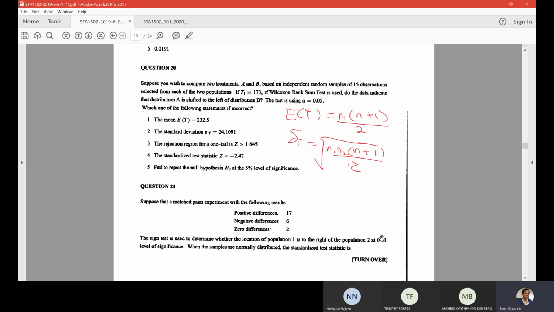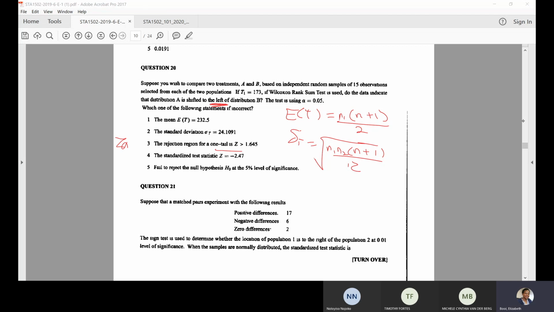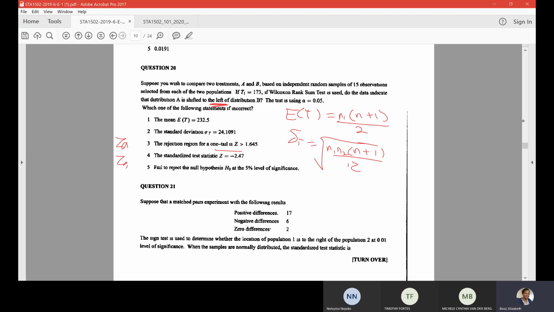And then you can calculate the Z. This is the critical value. So you will go find the critical value. Because this is a shift to the left, it's a one-sided test. You're going to use Z for the critical value. You'll use Z alpha, which is Z 0.05.